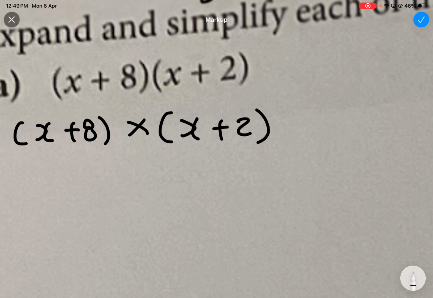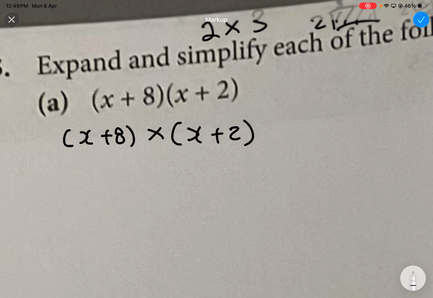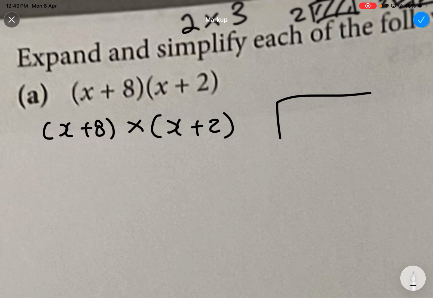So when we have these two brackets multiplied together, we can again see this as an area, a length multiplied by a breadth. On my x is here, then I have another 8 here. So it is like my x plus another 8. This length is x, this length is 8.